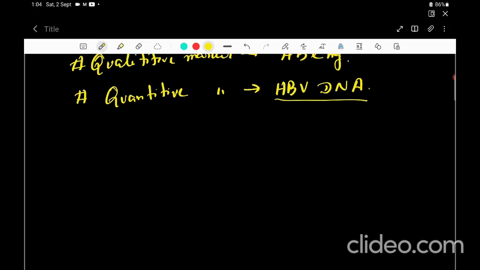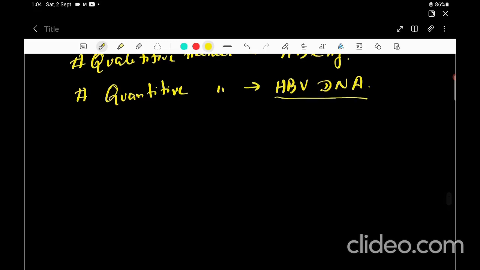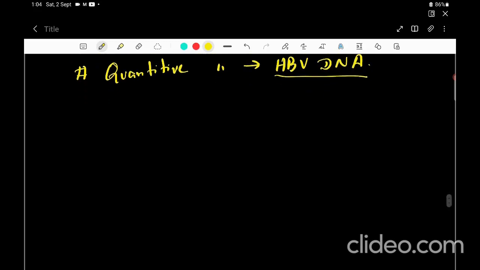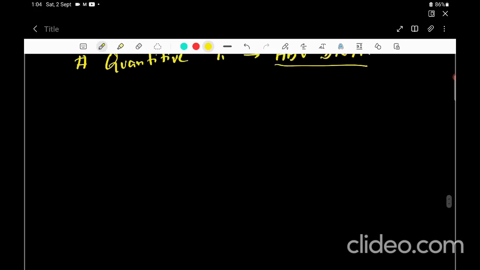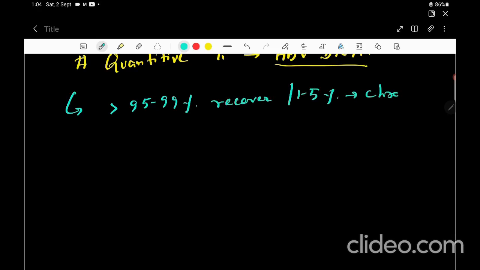Now let us discuss what will be the fate of acute hepatitis B infections. In acute hepatitis B infections, around 95 to 99% of the patients will recover completely. 1 to 5% generally proceed to chronic hepatitis.